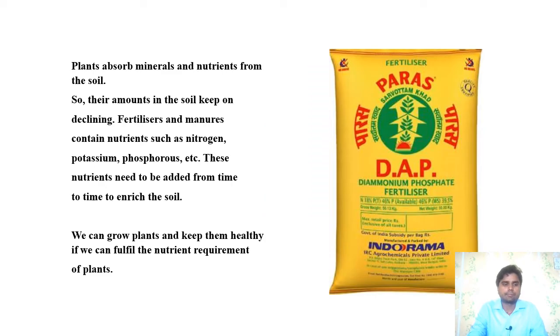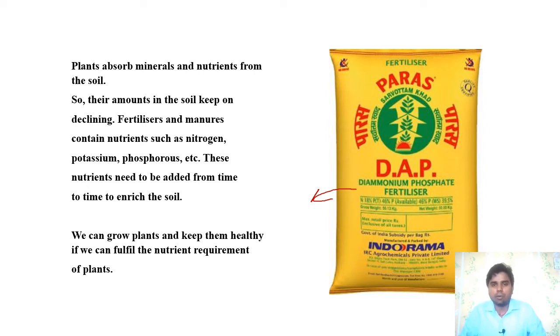So let's see what type of fertilizers we are putting into the soil. I hope if you reside in a village area, then you might have seen this sack which consists of fertilizers.